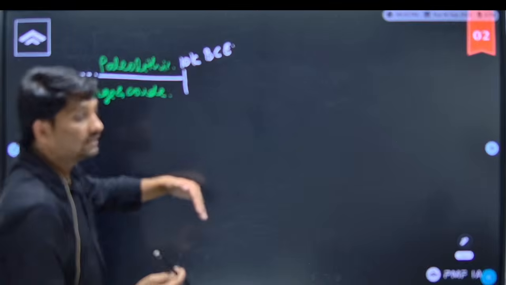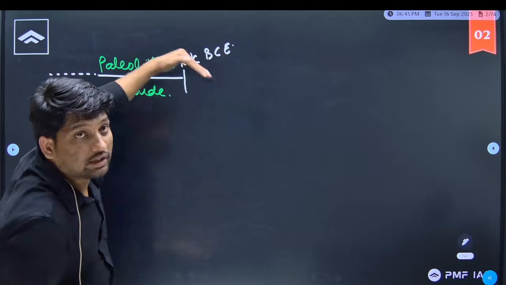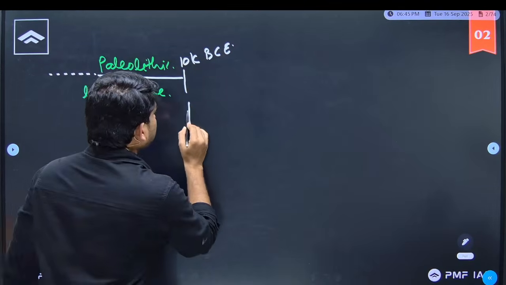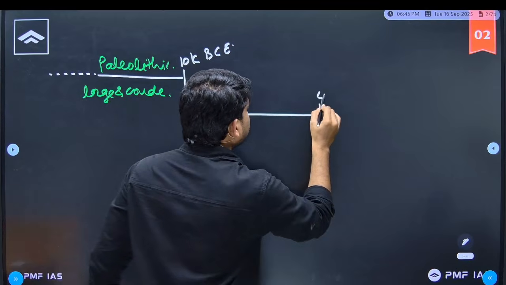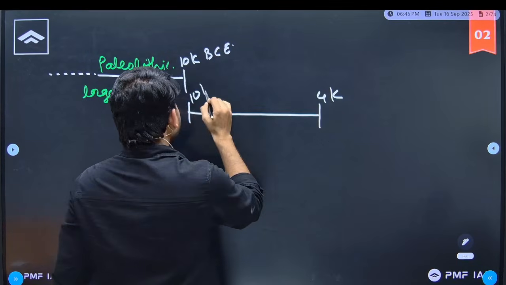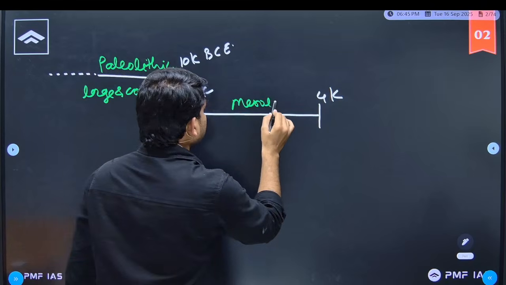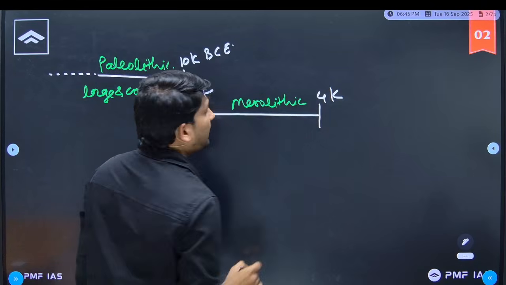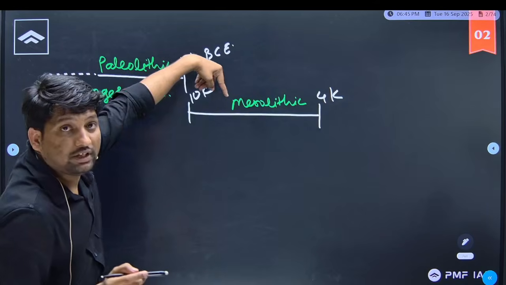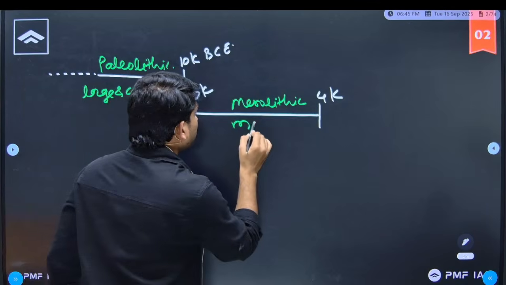If you consider the next phase, when technology got advanced, this is from 10,000 to 4,000. This is your Mesolithic period. During this period, people were basically using small sized microliths.